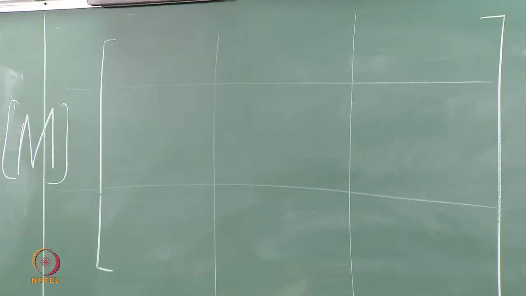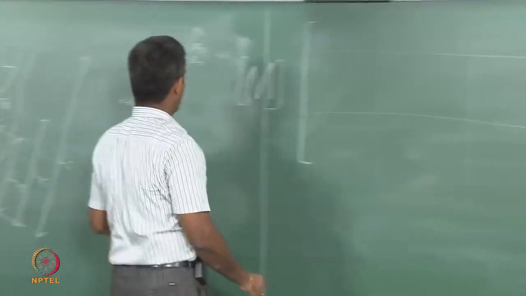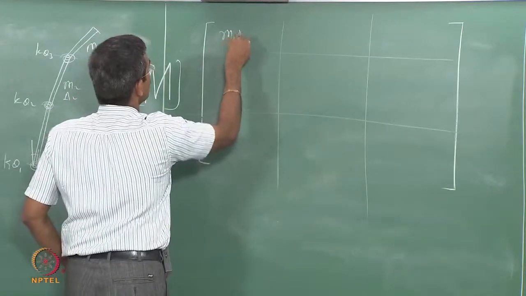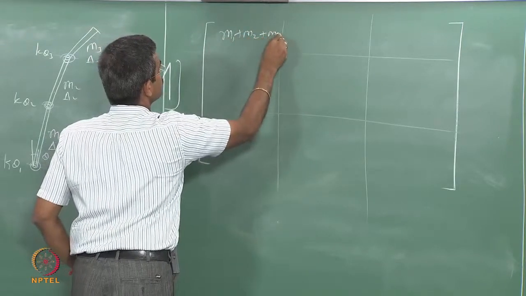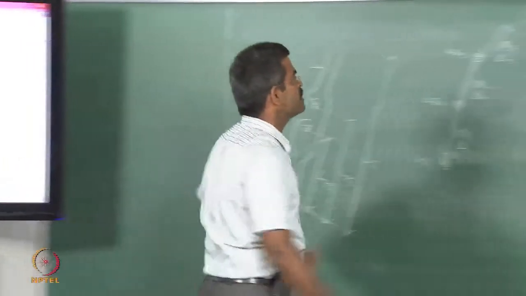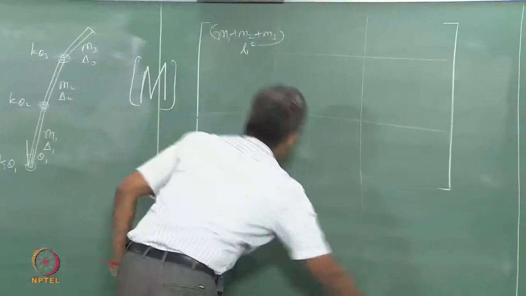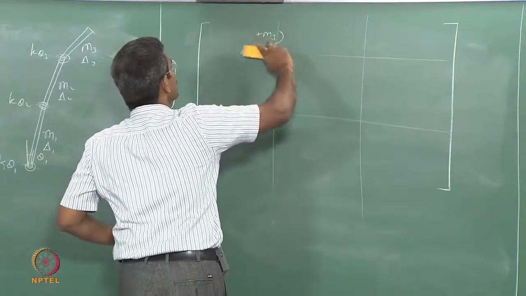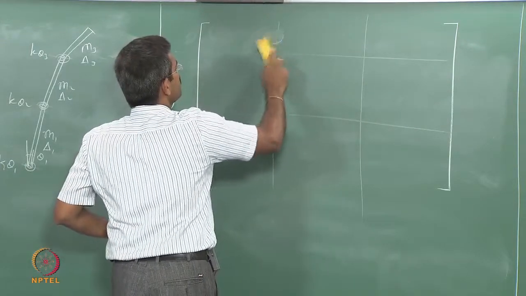If there are 2 members, M1, M2, I can write here M1 plus M2 plus M3 of L1 square. To make it very precise, let us expand this. This is what I must get similarly from here, but I want to expand this slightly. Let us rewrite this equation slightly in a different manner, like here.